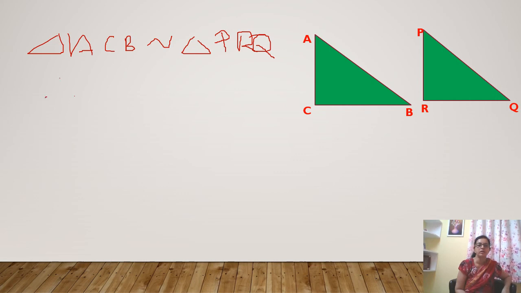Therefore, angle B is corresponding to angle Q, which are equal by theorem. If the triangles are similar, then the corresponding angles are equal. So the corresponding angle B is equal to angle Q. Hence, proved.